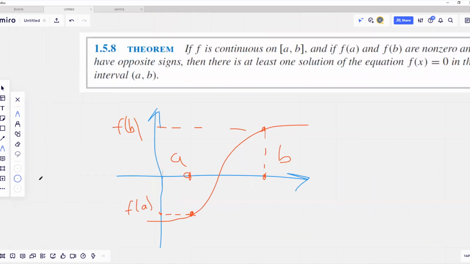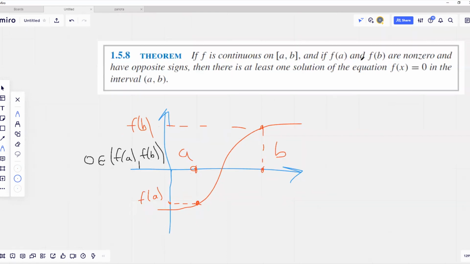Then 0 lies in the open interval from f of a to f of b. 0 is in the open interval since it cannot be equal to f of a or f of b, since we said that f of a and f of b are non-zero. So by this reason, this interval here is open.